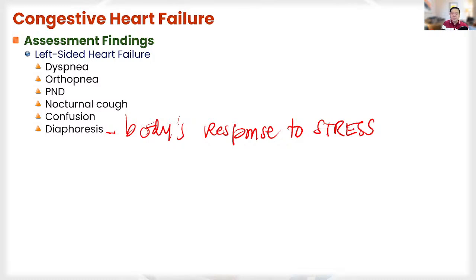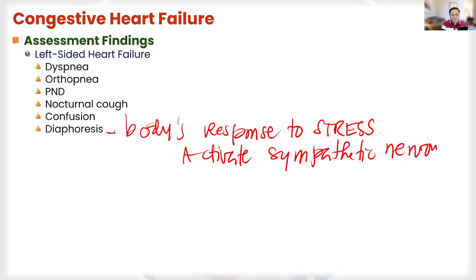Okay, and it will activate the sympathetic nervous system. All right, activation of the sympathetic nervous system, and that's why they're going to end up with the excessive sweating or diaphoresis.